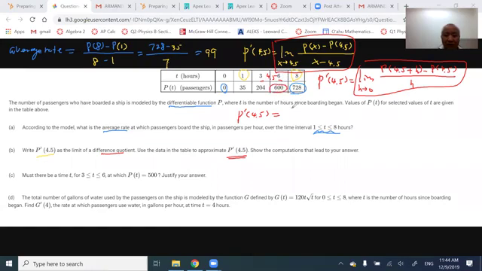We can go like this: P(6) minus P(3), which is 204, right? This one minus this one, because these two values correspond to times 6 hours and 3 hours, and 4.5 is in between. So we find the average. So this one divided by 6 minus what?